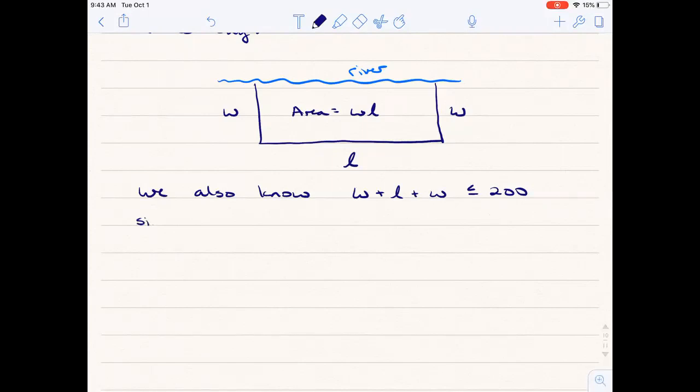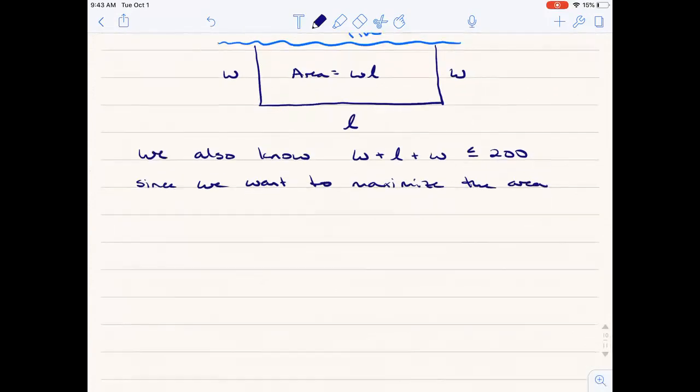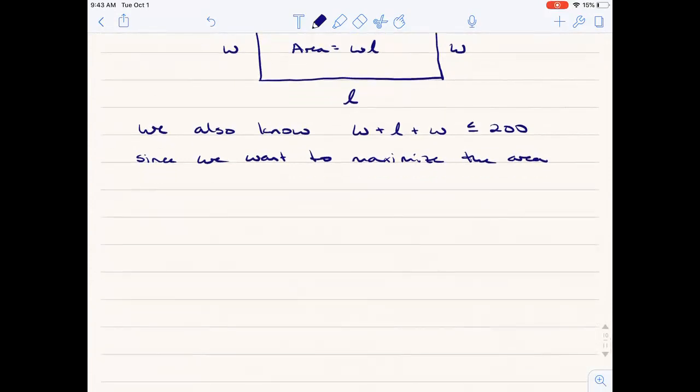So since we want to maximize the area, W plus L plus W we can rewrite as L plus 2W, and we're going to force it to be 200. We want to use up all that fencing. Okay.